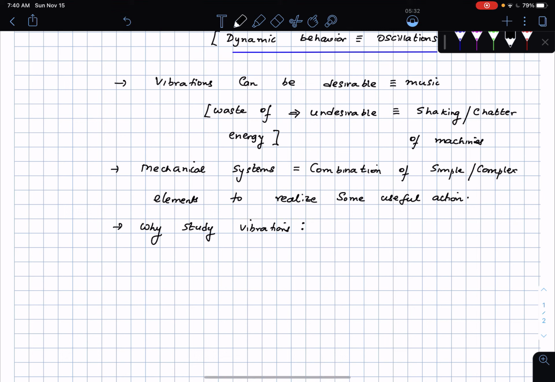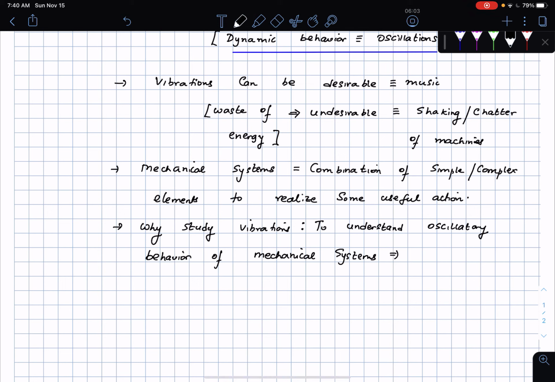We want to understand the oscillatory behavior of mechanical systems. And this will enable us to design practical devices that enhance our lives.